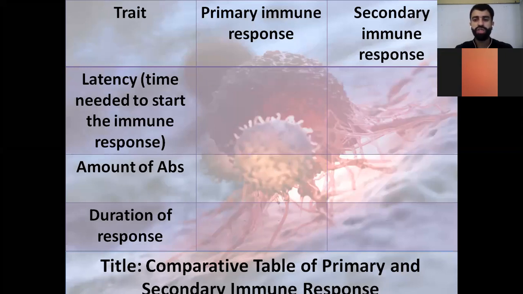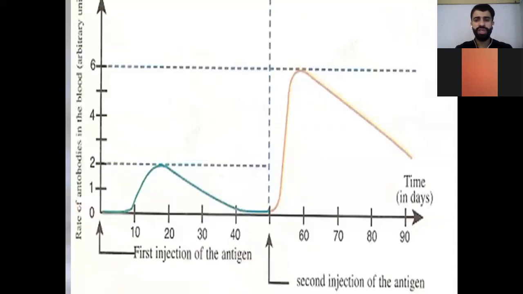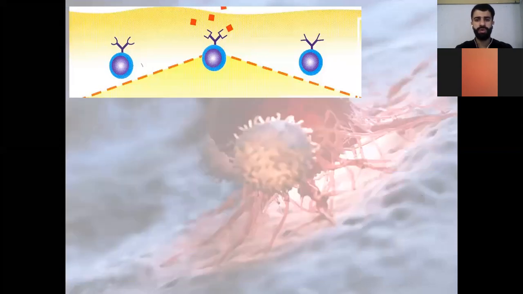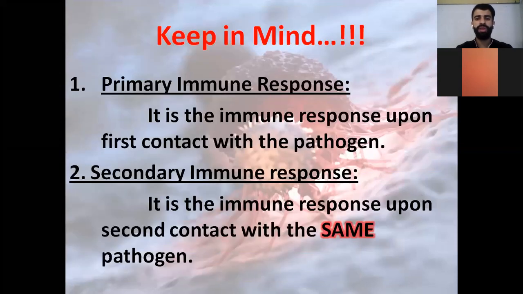So here, let's do a quick revision of what we have explained before. First, you have to know what the primary immune response is. The primary immune response is the immune response upon the first contact. If I saw this pathogen that can cause a disease for the first time, it enters my body for the first time, the immune response against it is called the primary immune response. While the secondary immune response is the immune response upon the second contact with the same antigen or pathogen.